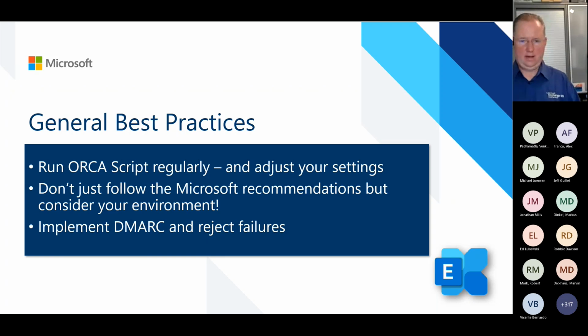And lastly is DMARC. DMARC becomes more and more important, especially with the third-party cloud SMTP services. In order to control your email addresses and email domains, make sure you implement it and reject failures.